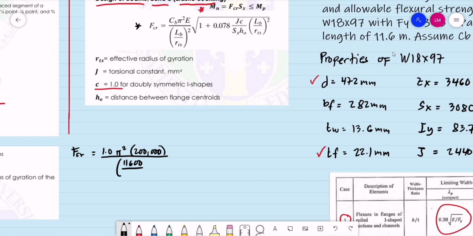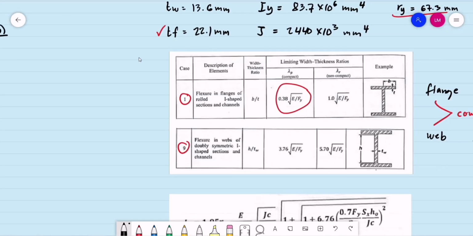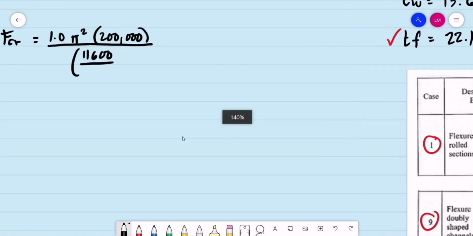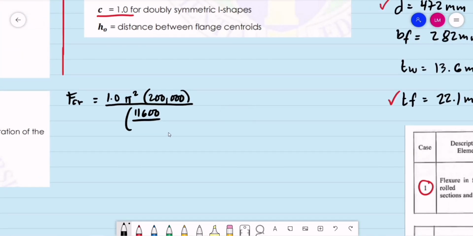Our R sub TS a while ago is 78.21 millimeters. So this is divided by 78.21 mm, quantity squared.